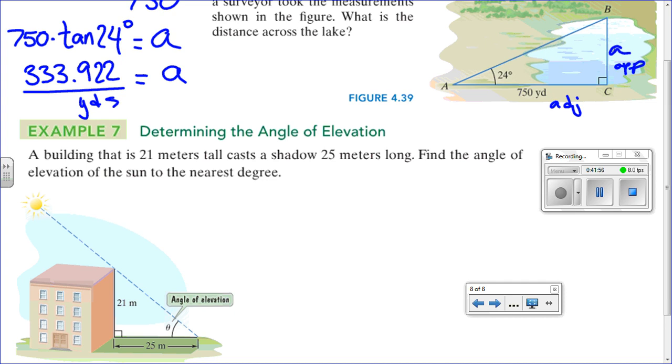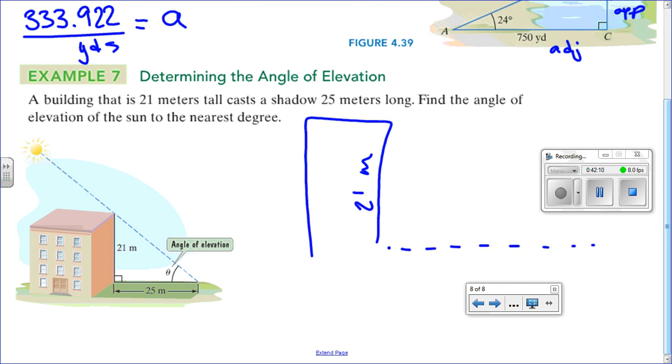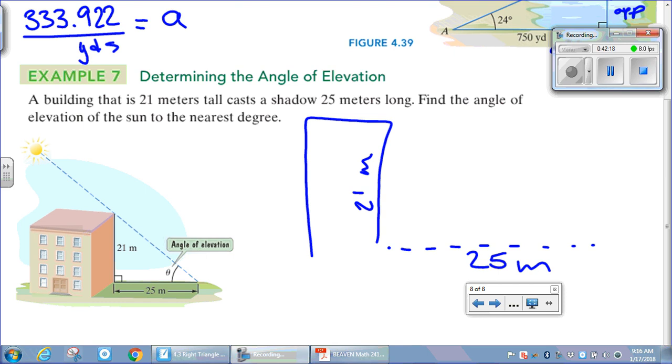Okay. The last problem, we have a building that is 21 meters tall. I'm just going to draw it. This is 21 meters. It casts a shadow of 25 meters. Find the angle of elevation of the sun to the nearest degree.